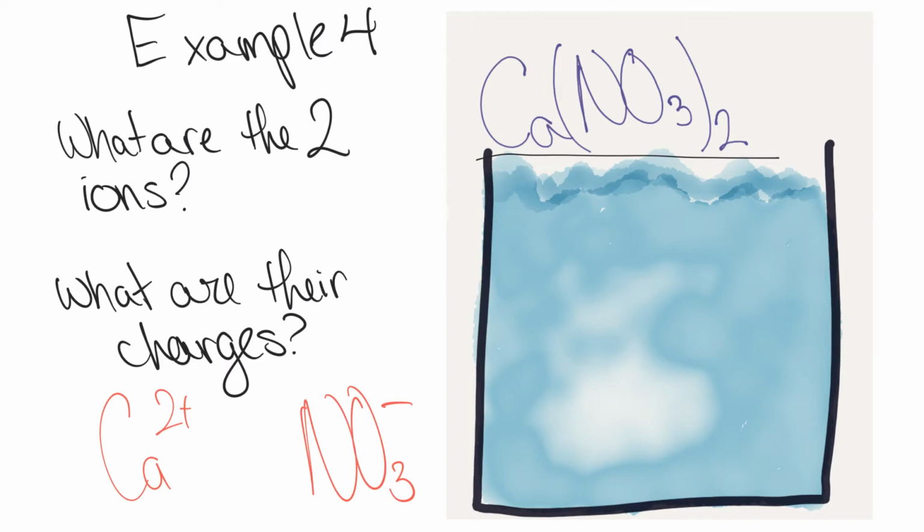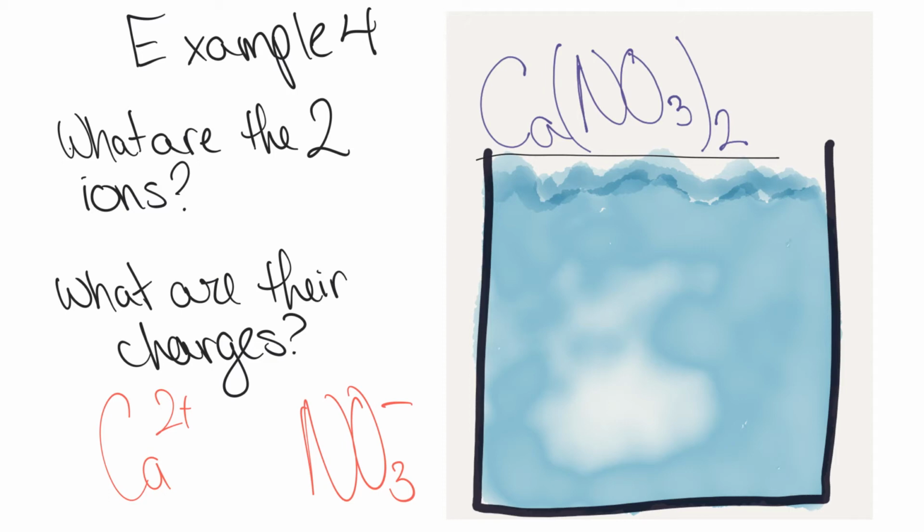Hopefully you correctly split it up into the calcium ion and the nitrate ion. The calcium ion has a 2+ charge and the nitrate ion has a -1 charge, remembering that any polyatomic is going to be on your pink polyatomic reference table.